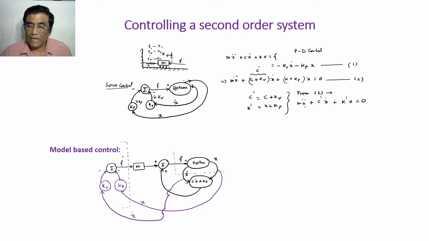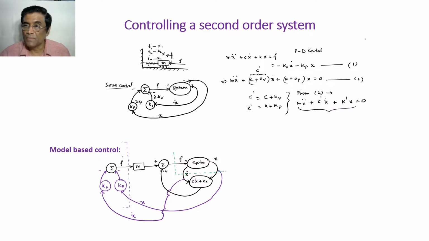After defining this control law, I have again reduced my system with control to another system as if it is not excited. So the right hand side is 0, and then what is my desired expectation from the controller? It should be critically damped. Why?